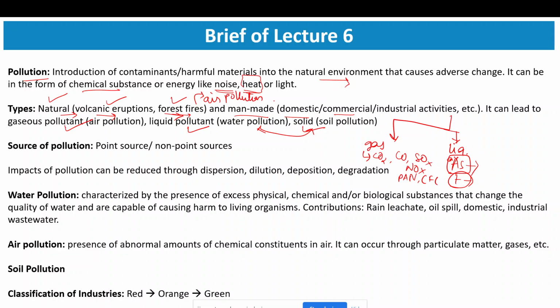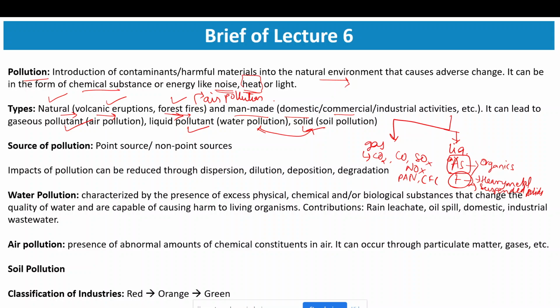However, some organics from pharmaceutical industries, textile industries, and so on can be emitted into water bodies. Then heavy metals, then some suspended solids. Even plastics we just dump in water bodies. So such pollutants, maybe in liquid form or maybe in solid form, can add on to the water pollution.